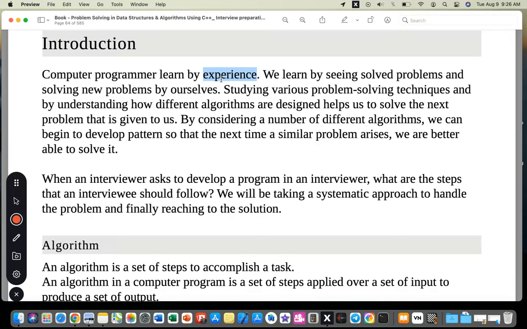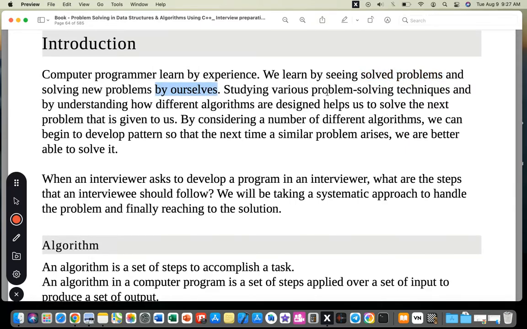We learn by seeing solved problems and solving new problems by ourselves. How do we learn?